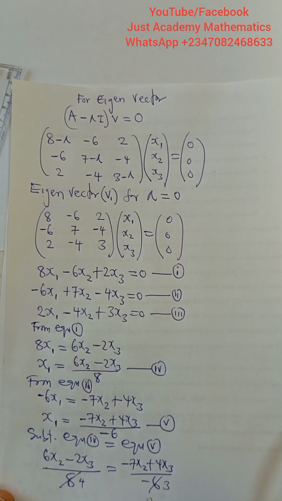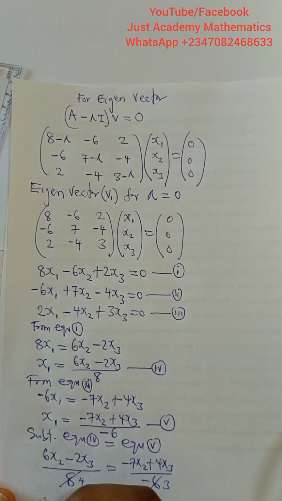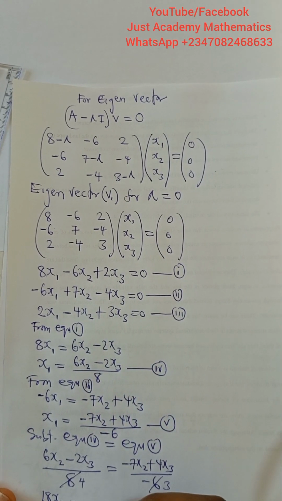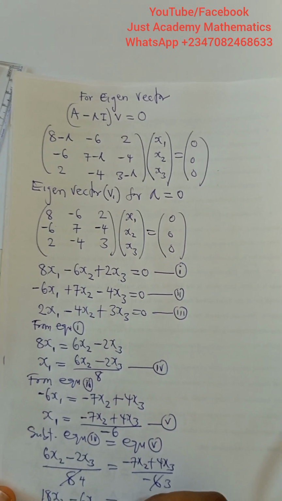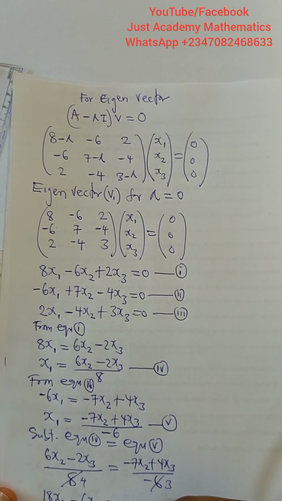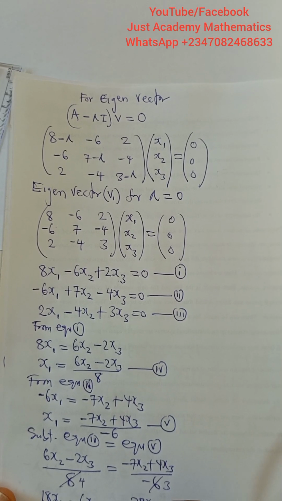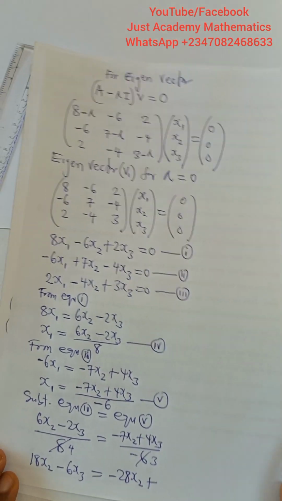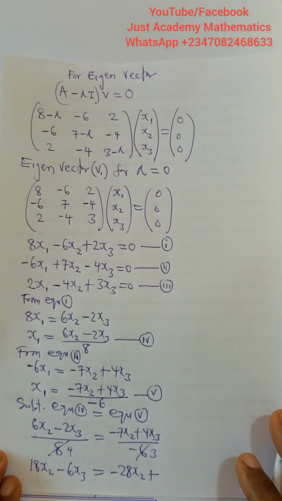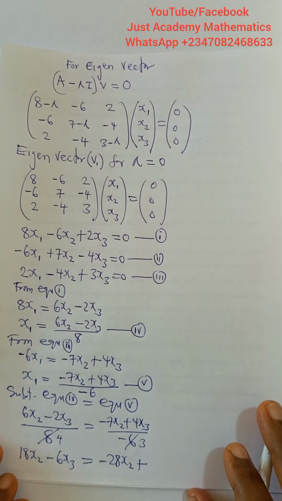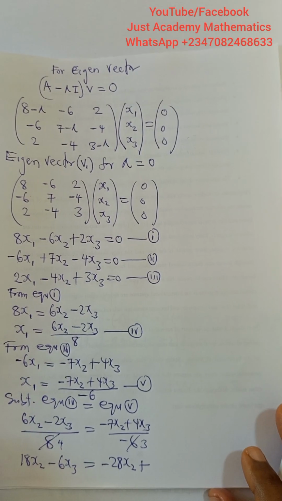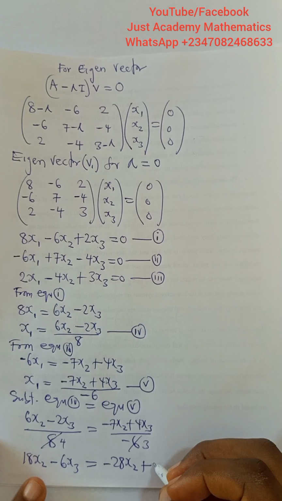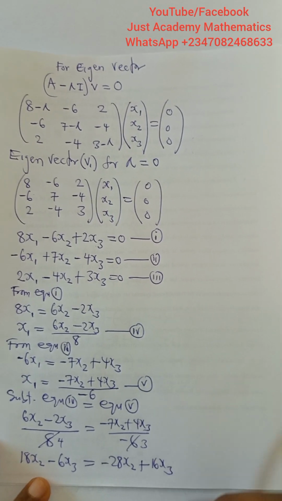So if we cross multiply, 3 times 6 will give me 18x2 minus 6x3 is equal to 4 times 7, minus 28x2, then plus 4 times 4, 16x3.